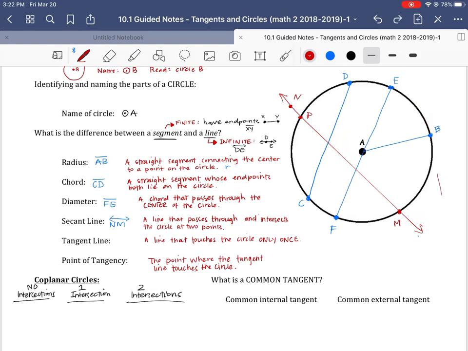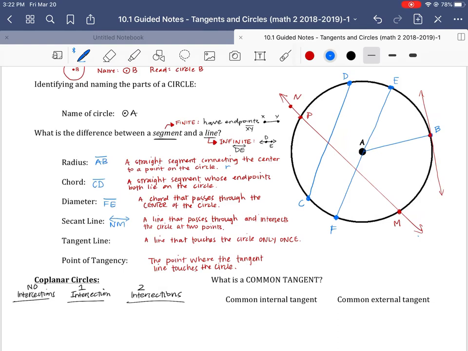Okay, it's getting worse. The tangent line, again, just touches the circle once at what we call the point of tangency. So if mine is touching right there, which, it's pretty close, that would be my point of tangency, where it touches.